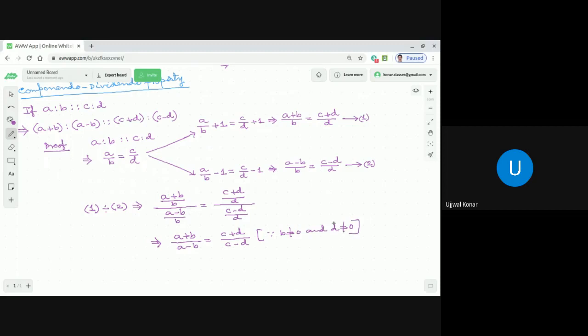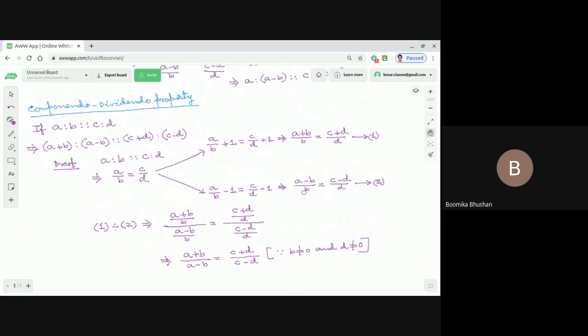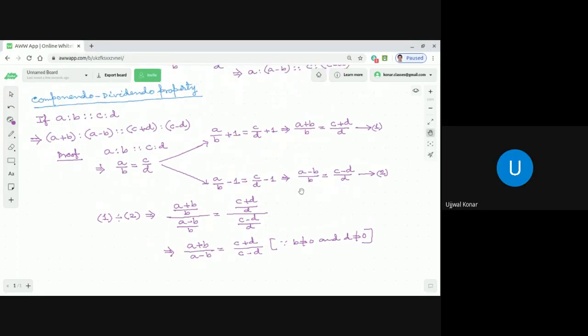This property, the componendo-dividendo property, is extremely important. We will see later how using this property in an effective manner at the right time can help us achieve our desired result. So this is called the componendo-dividendo property.